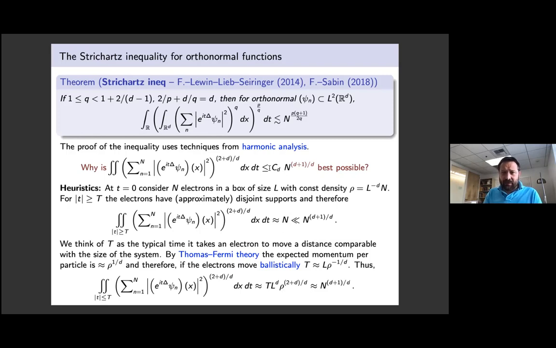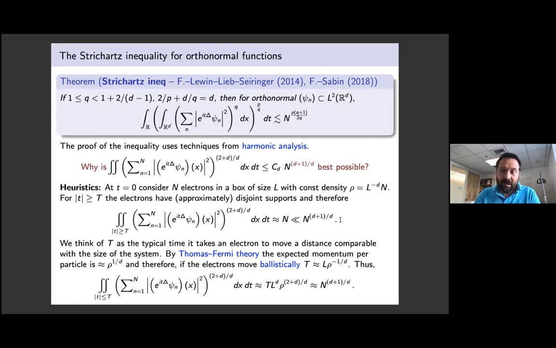That's roughly the time by which all the electrons have gone far away from this box. They don't see each other anymore, and they just lead their individual life. Once they're all away from each other, this sum really consists of disjoint pieces, so it will roughly have size n, and that's smaller than what we want.